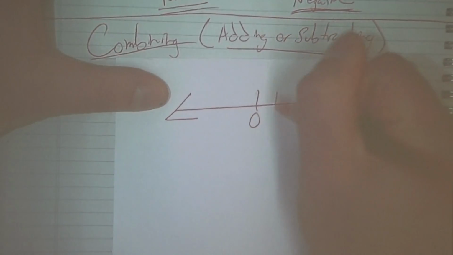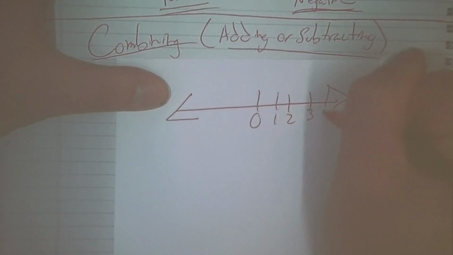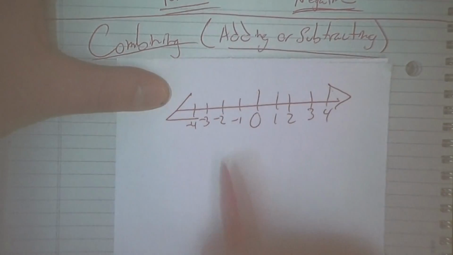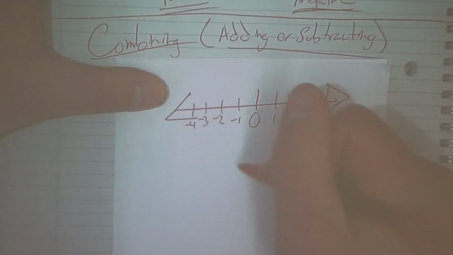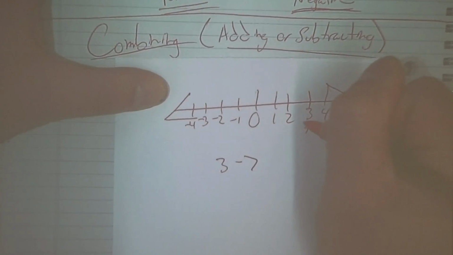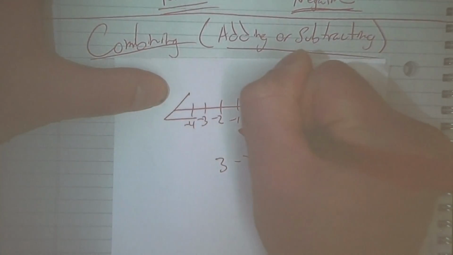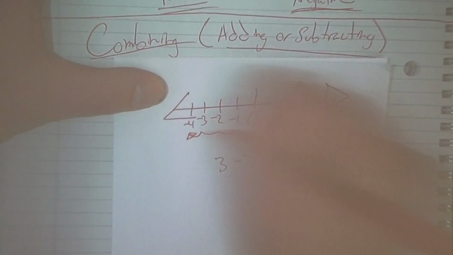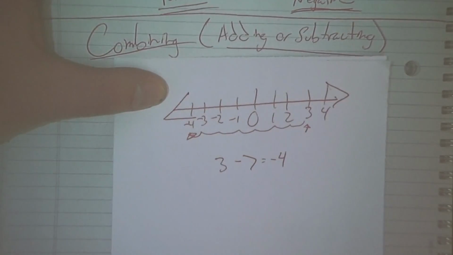So combining, you can do it a couple of ways. You can draw a picture of a number line: 0, 1, 2, 3, 4, -1, -2, -3, -4. I've seen you guys do that. So 3 minus 7 starts here and goes down, and 3 minus 7 equals -4.